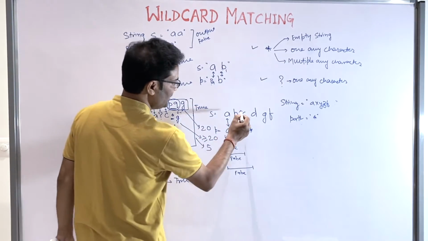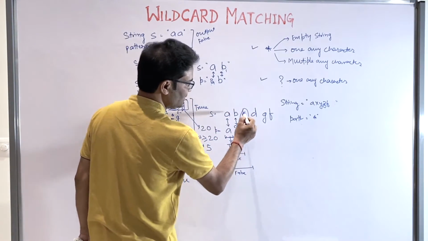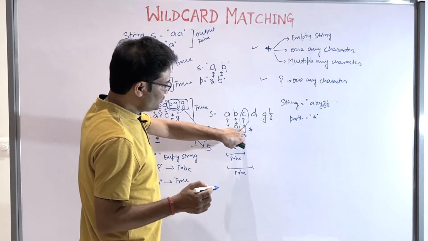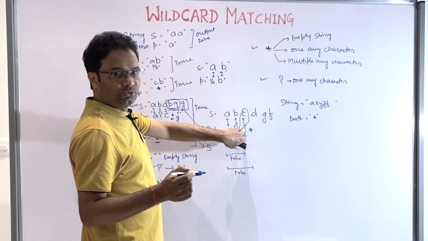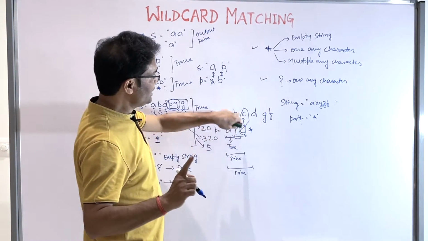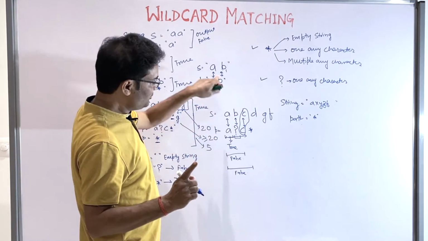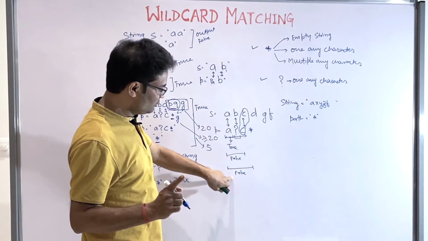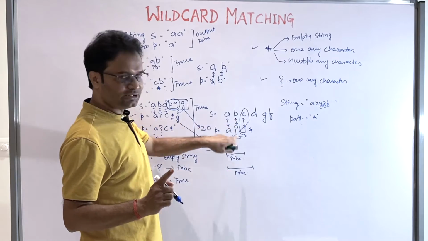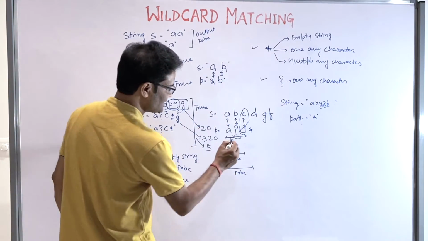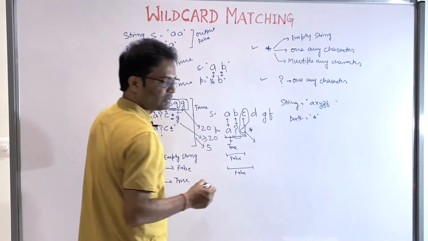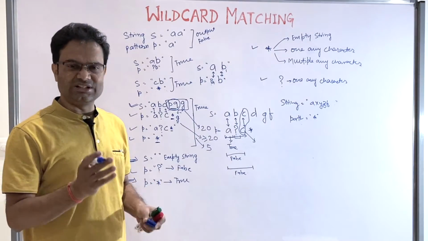So when you compare this index, if this is true, then you check the previous one. If the previous one was true, it will be true. If the previous one is false, this is false.